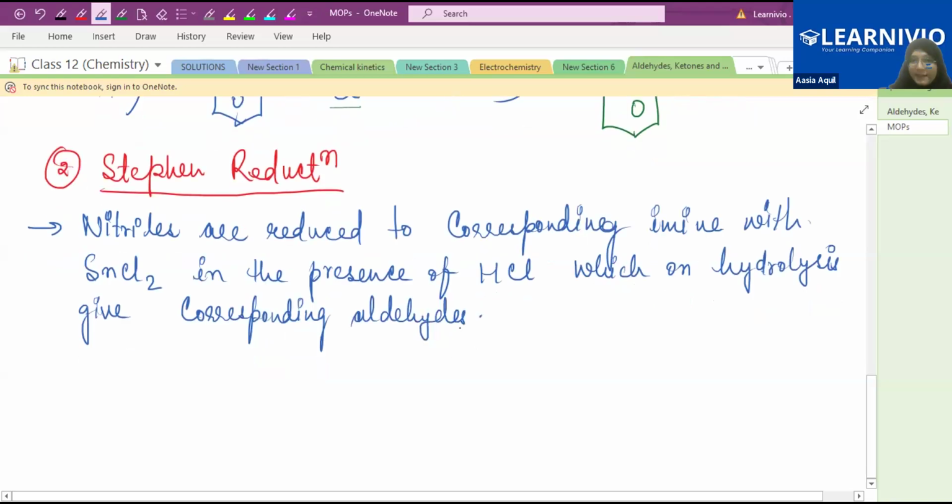Okay. What is Stephen reduction? When the nitriles are reduced to the corresponding imine with tin chloride in the presence of HCl, which on further hydrolysis gives the corresponding aldehyde.